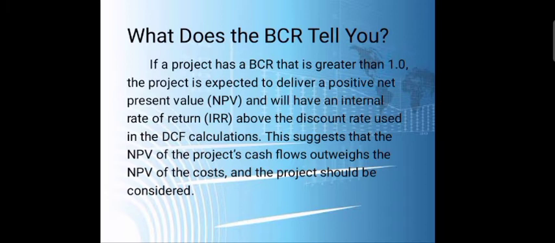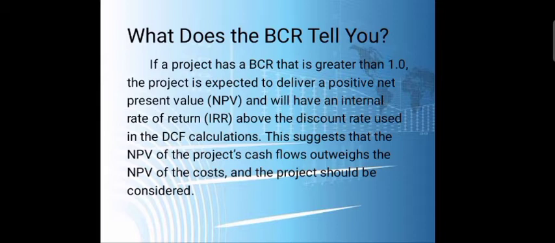What does the BCR tell you? If a project has a BCR that is greater than 1.0, the project is expected to deliver a positive net present value or NPV and will have an internal rate of return or IRR above the discount rate used in the DCF calculations.